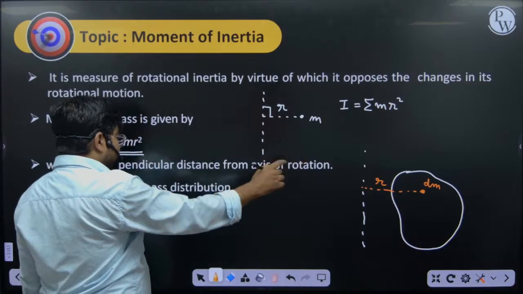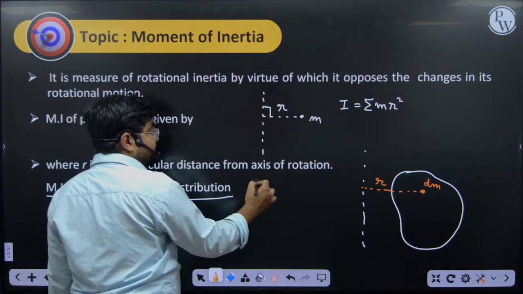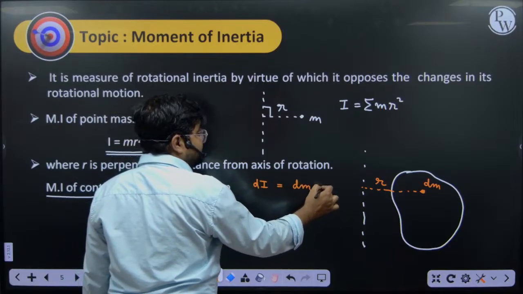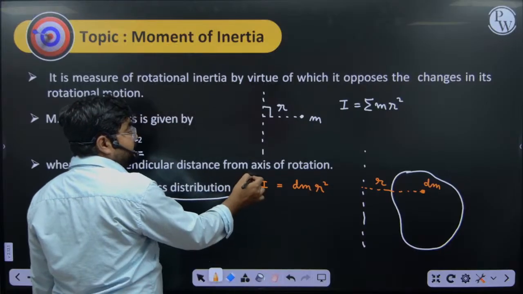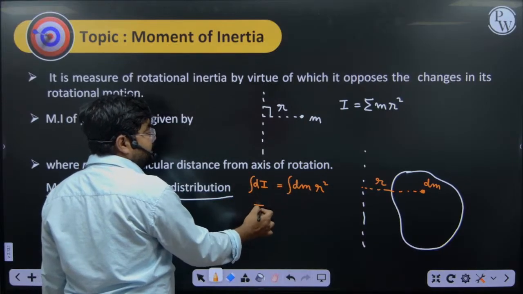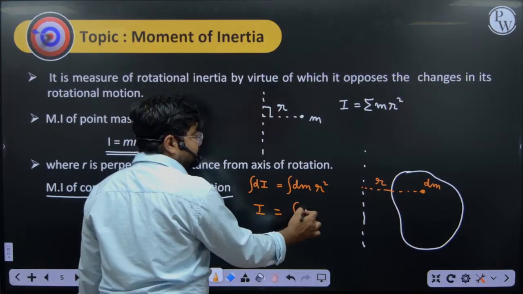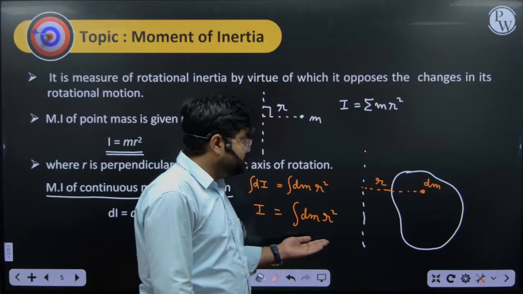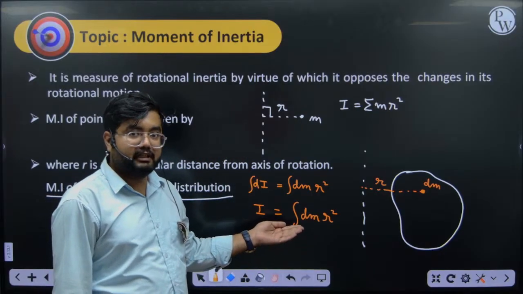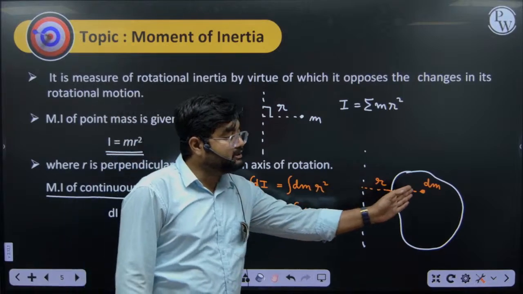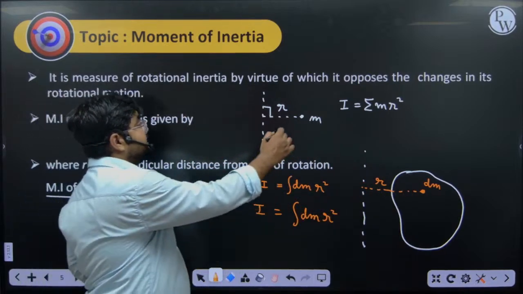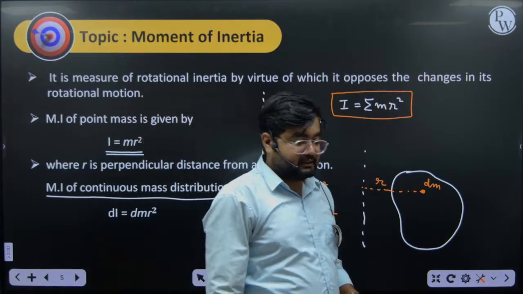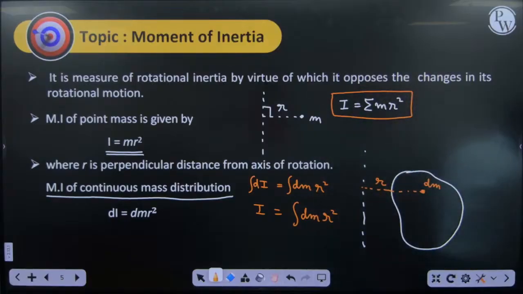The small moment of inertia of that mass, the point mass, can be written as dm r square, and the net moment of inertia will be given by the integration of this, that is integral dm r square. So this is how we can find the moment of inertia of a continuous body, whereas this is how we can find the moment of inertia of point masses. I hope that is clear.